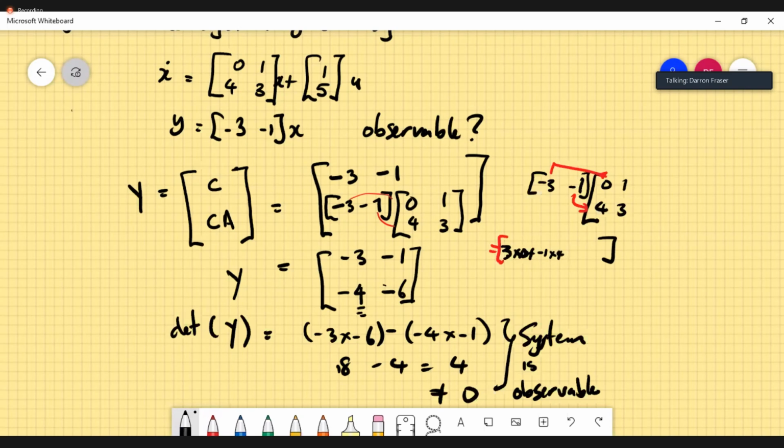And the next row is -3 times 1 plus -1 times 3. So the one in red gives me the -4, and the one in blue gives me the -6.